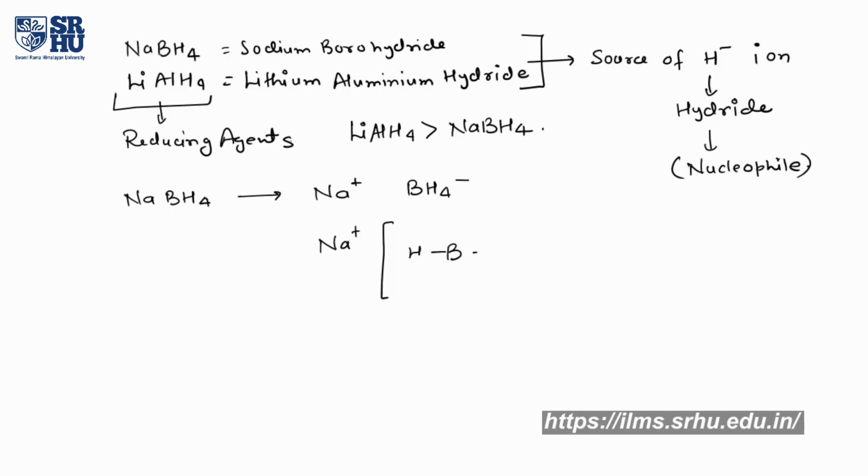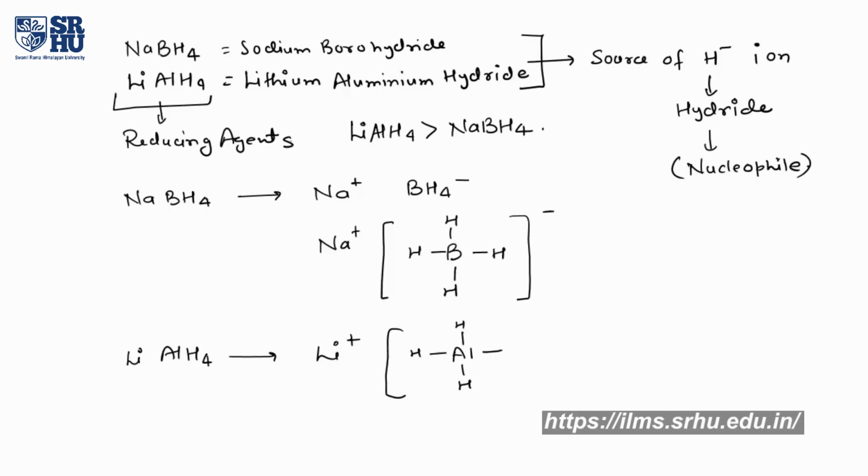Boron is attached to 4 hydrogen atoms like this, and there is a negative charge on this species, particularly on boron. In the same way, if we take a look at lithium aluminium hydride, there is a lithium ion having positive charge and aluminium attached to 4 hydrogens, and aluminium has also got a negative charge here.